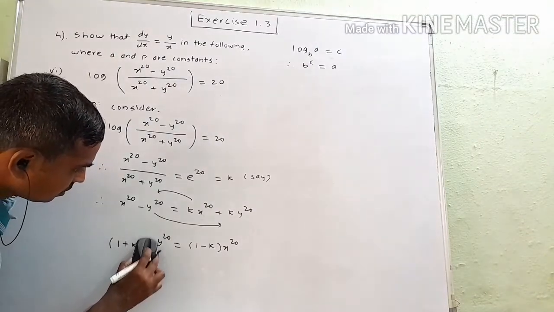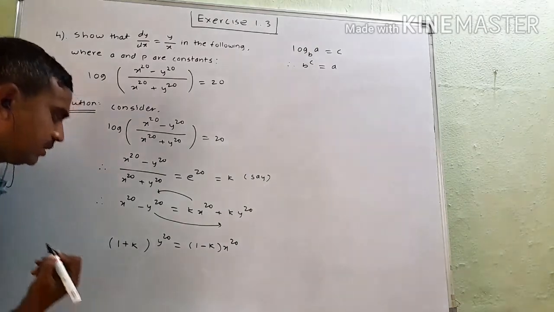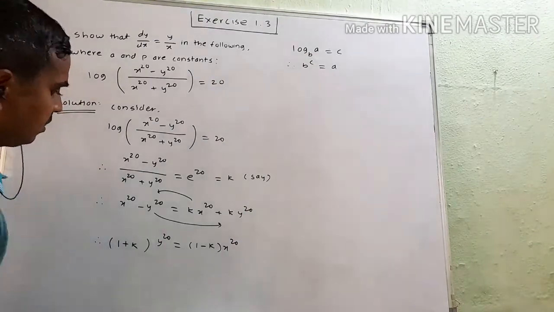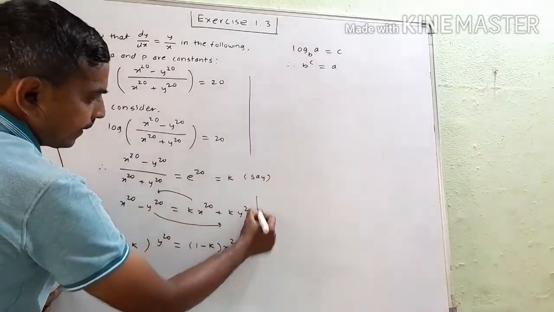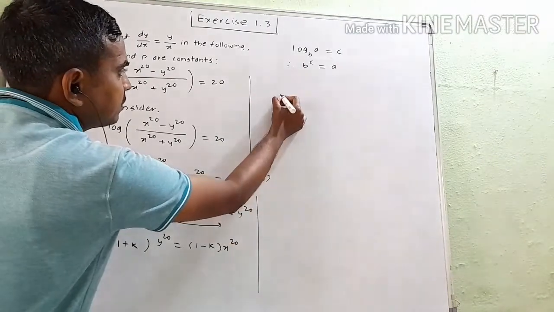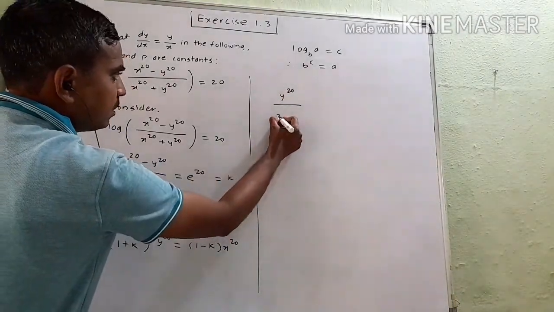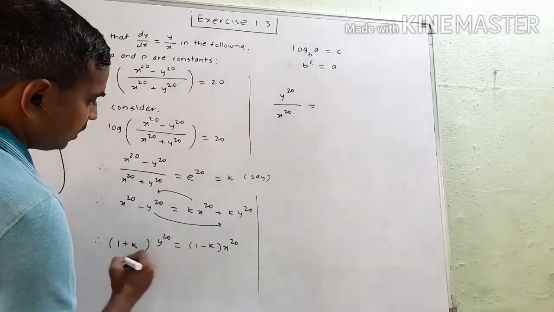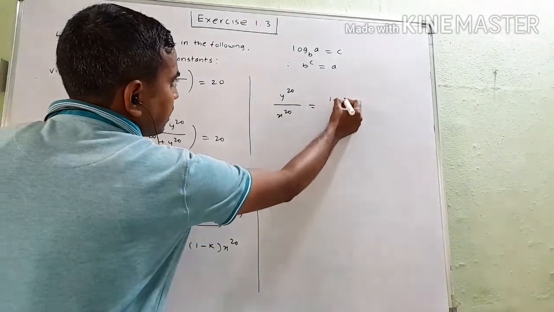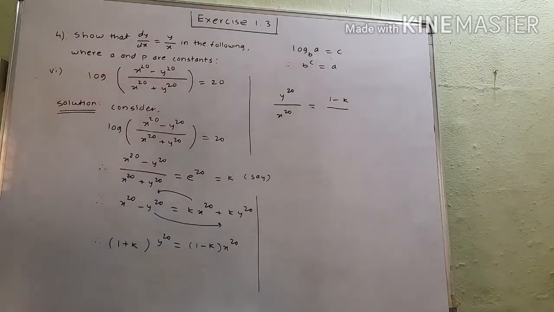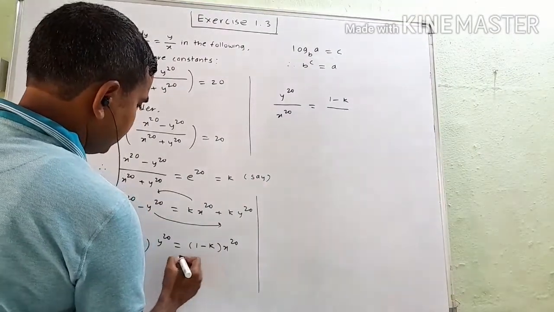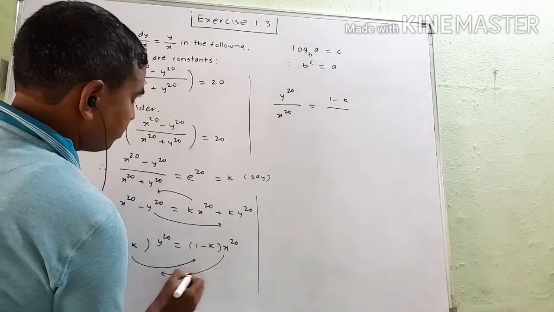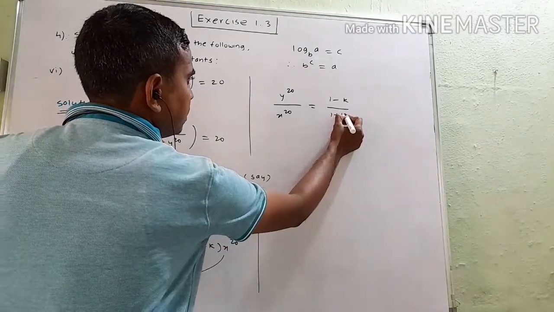Now this is done. Now we will write y raised to 20 divided by x raised to 20 equal to, which term comes here, 1 minus k divided by 1 plus k.